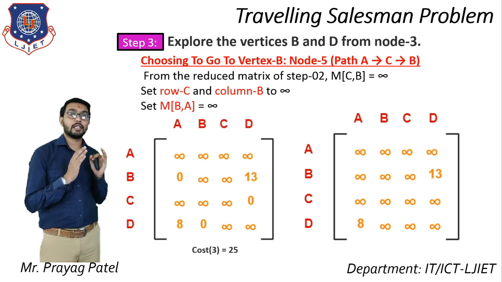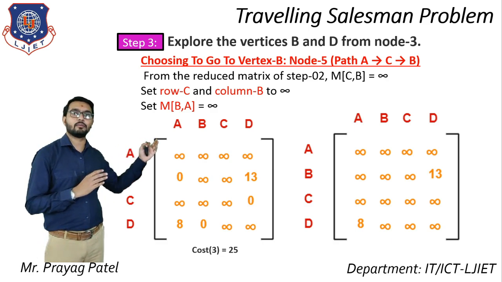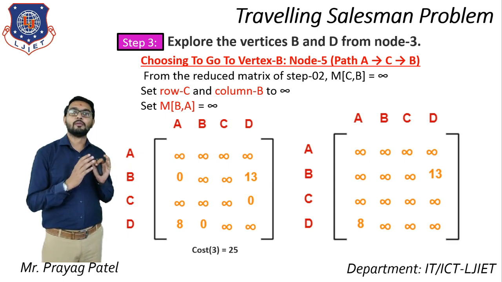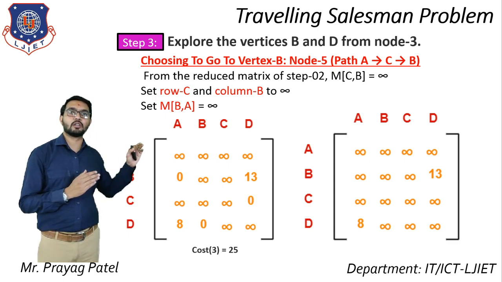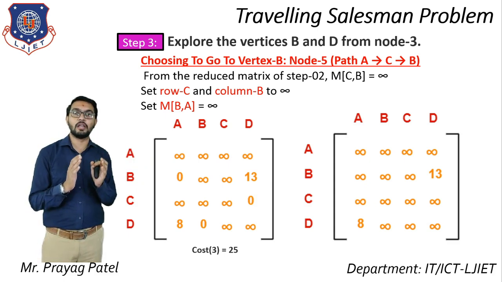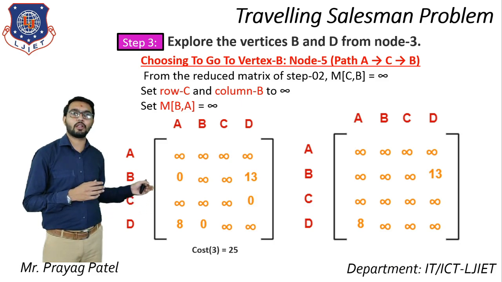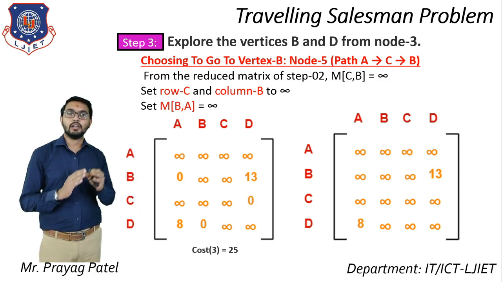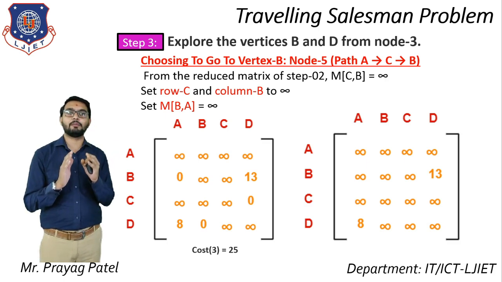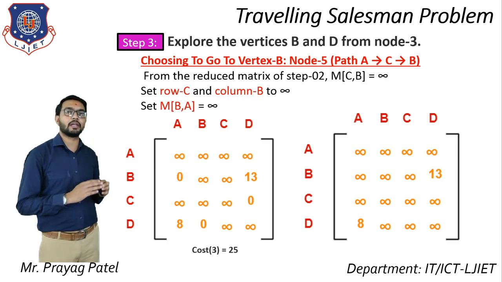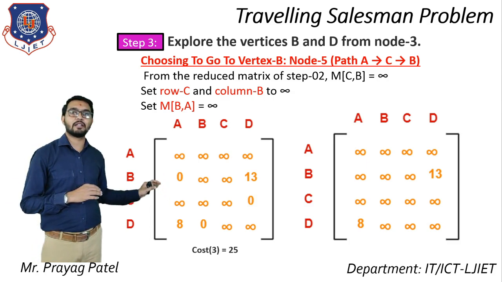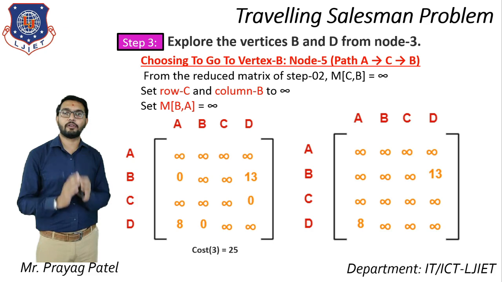Now for this reduction process, we consider our input from step number 3, which means node 3 is your input. The matrix for node 3 is the reduced matrix after performing the operation for the path A to C. This reduced matrix is your input for this path, and this path has a cost equal to 25.